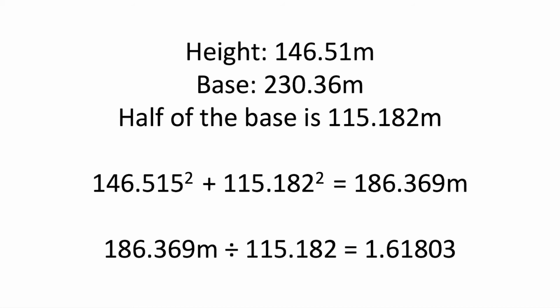Dividing 186.369 metres by 115.182 metres equals 1.61803, which is exactly phi to 5 decimal places.